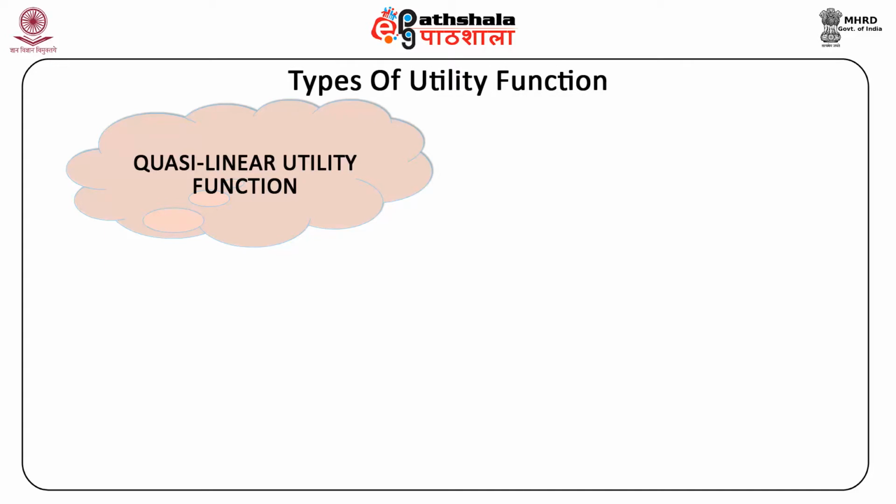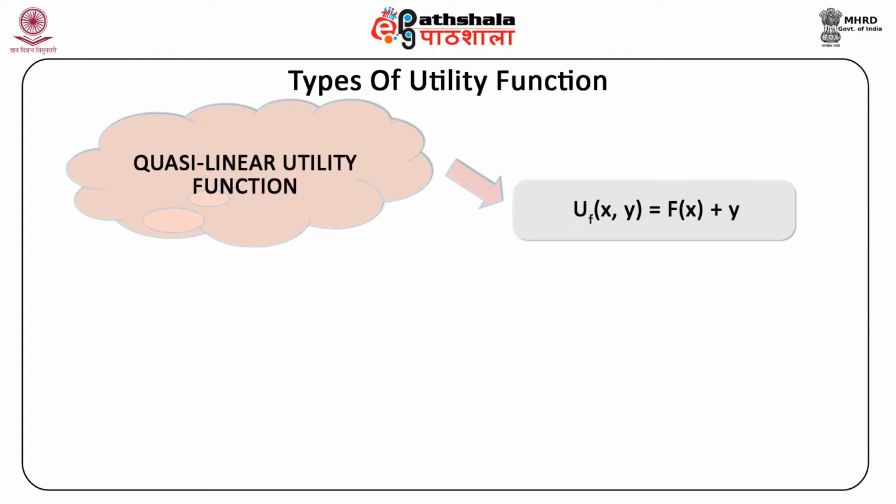The second type of utility function is the quasi-linear utility function. A quasi-linear utility function has the following functional form, that is UF(x, y) is equal to F(x) plus y, where F(x) is some non-linear function of x.